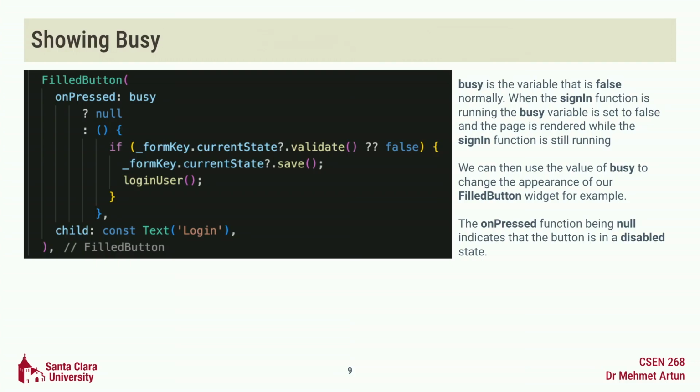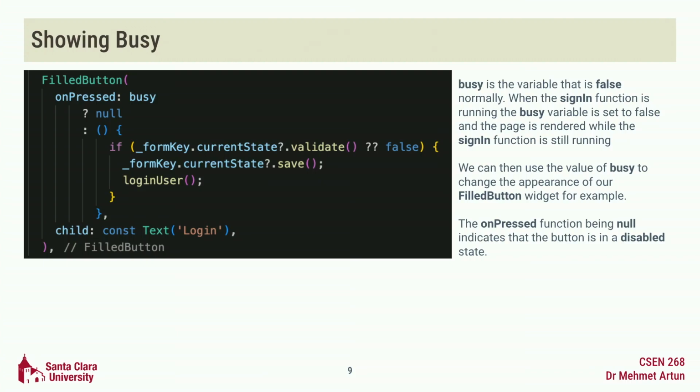You go form key.currentState.validate. It validates all the objects. If they are valid, then you can continue. And when you continue to this step, you again go to the form key, current state, and you issue a save command. What the save command does is that it looks at every element, and every element has a different save method, right?